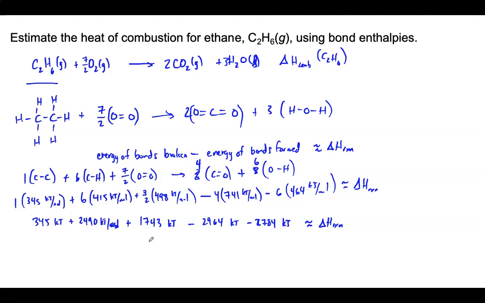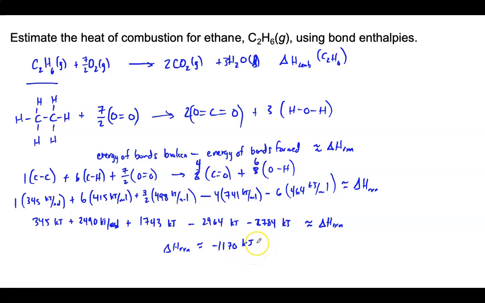Screwed that up. 345, 2490, 1743, 2964, 2784. Negative, so I get delta H of this reaction, which is the combustion of ethane, is approximately negative 1170 kilojoules for that reaction we just did.